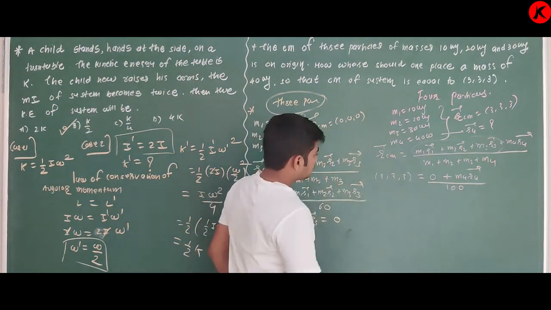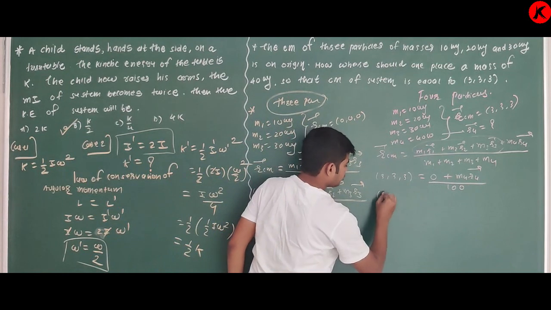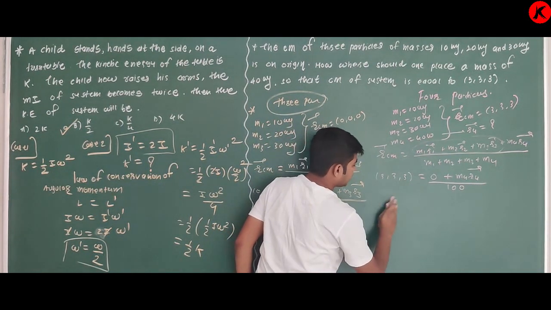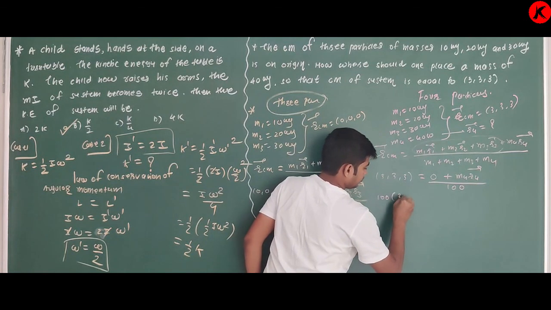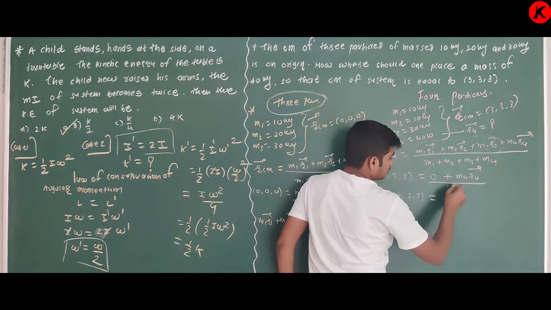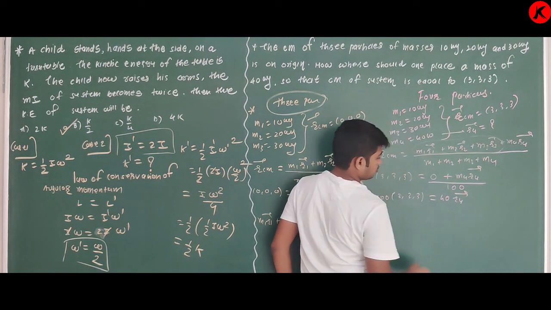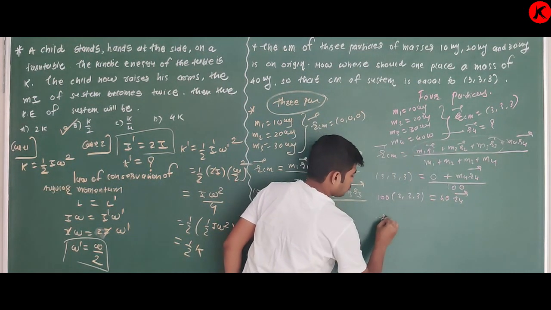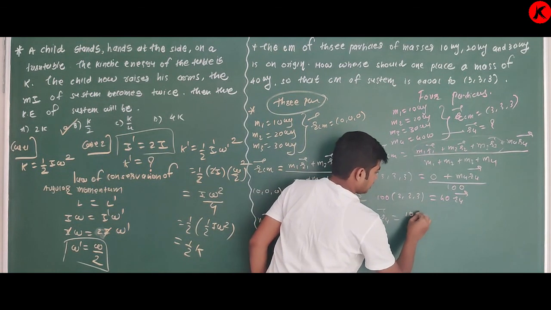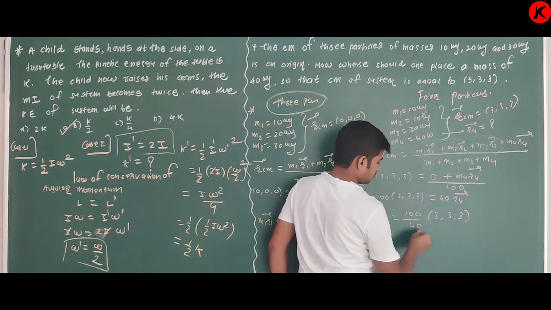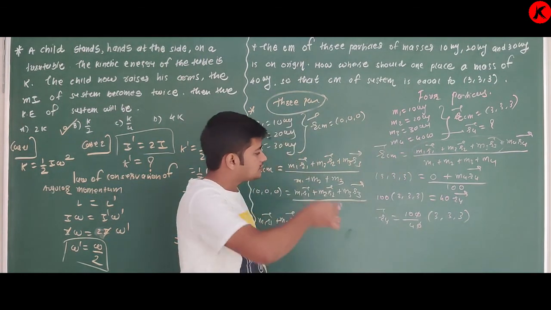Clear? So now I can multiply 100 to this side, so 100 times (3, 3, 3) is equal to M4 which is 40 R4. Therefore R4 is equal to 100 by 40 times (3, 3, 3). Clear?